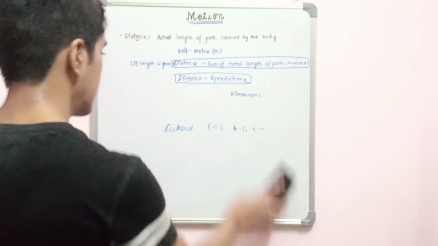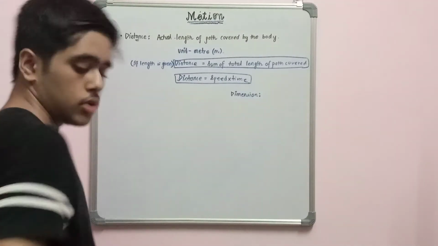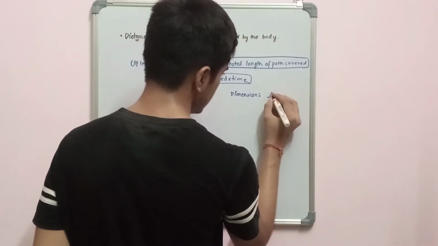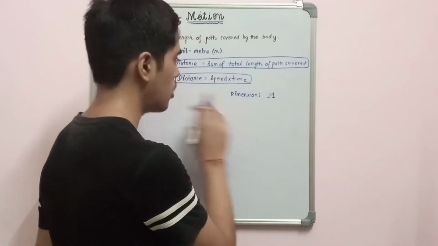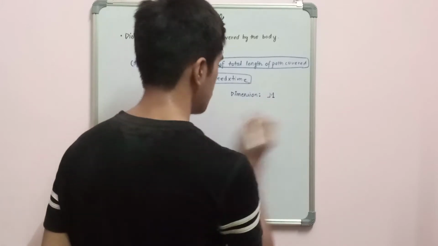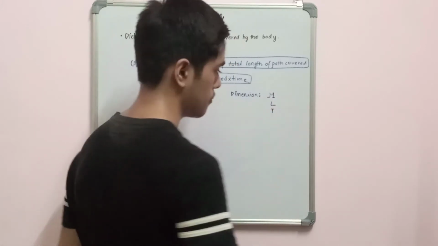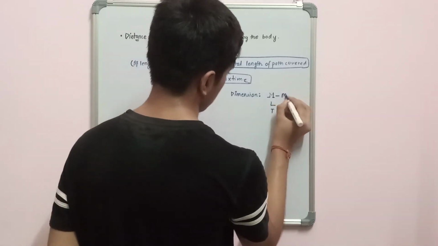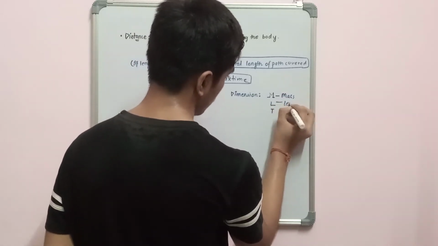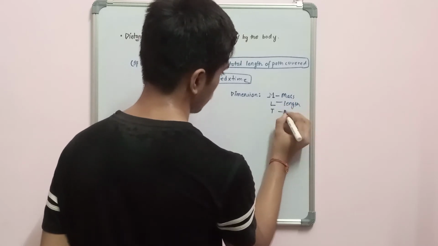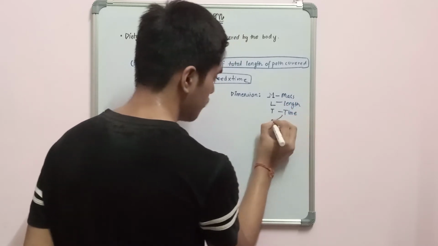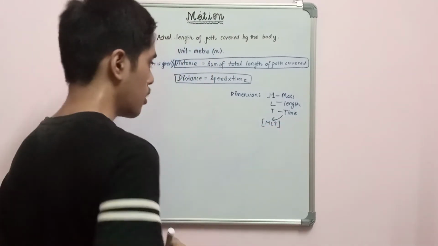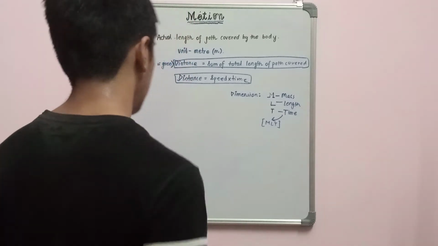In physics, dimension is calculated in terms of three quantities. Any quantity is represented by mass, by length, or by time, and they are collectively written as MLT.